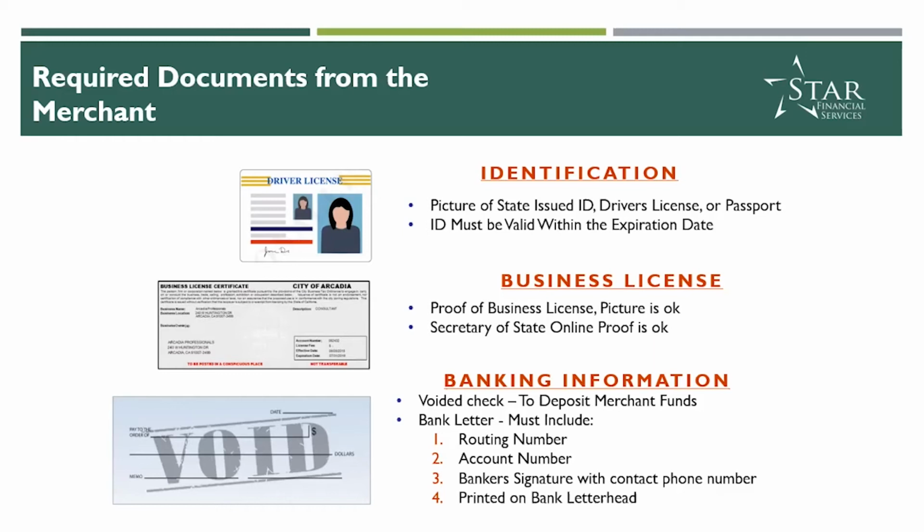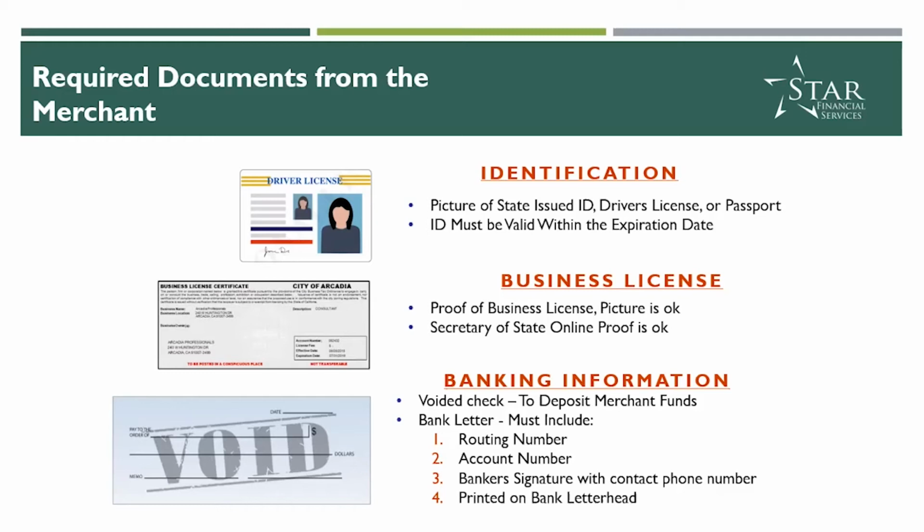You're able to log on to your local Secretary of State for whether it's California, Ohio, New York, New Jersey, and enter the business name. And you should be able to pull up their filing paperwork to see that they're in fact a valid business. Go ahead and download a copy of that PDF, and providing that should be just fine.